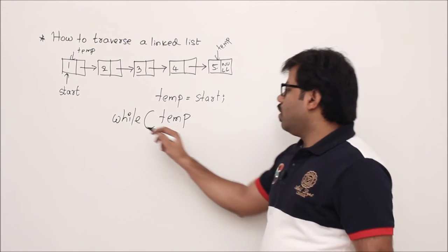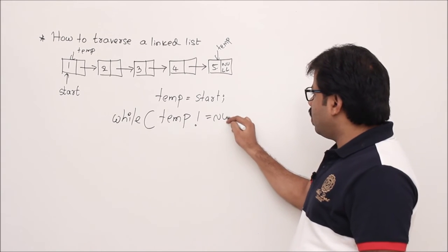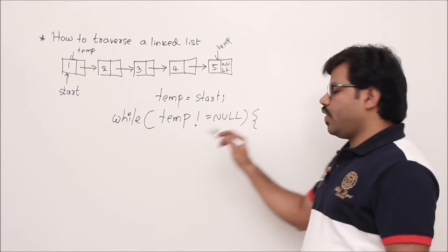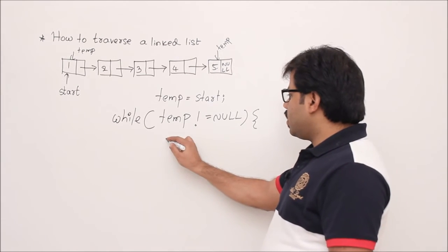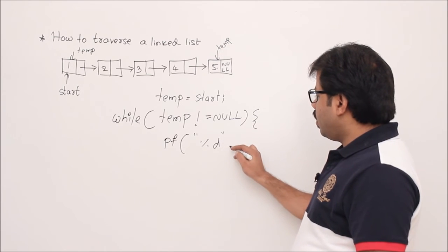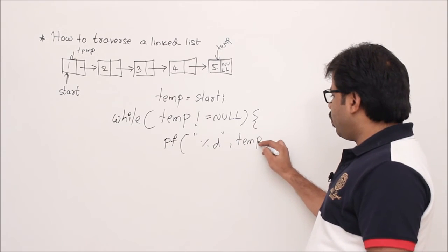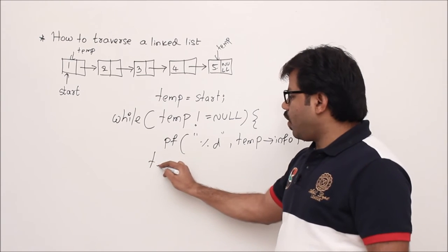Okay, now while temp not equal to null, what you do this activity. That activity is nothing but printing the node information. Then simply printf, let's say %d temp cap info. Right. Once you print it, then immediately increment your pointer.